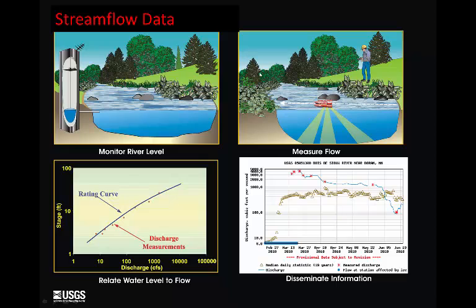We would make those flow measurements and come up with a rating curve, which would relate elevation or stage of the water surface to discharge. And because we were measuring stage 24 hours a day, 7 days a week, we could use this rating curve to relate the stage to discharge and actually put out that data in real time to you as a private citizen or another agency, where by date you can actually see here what the flow rates are.